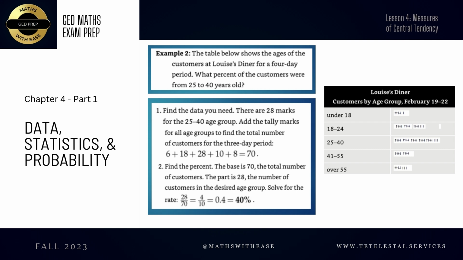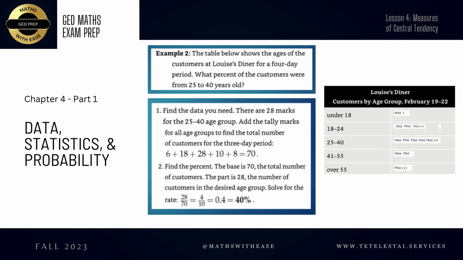And you know that 4/10 is the fractional equivalent of 0.4. And then to change that 0.4 to a percentage, you would multiply 0.4 by 100%, and that would give you 40%.